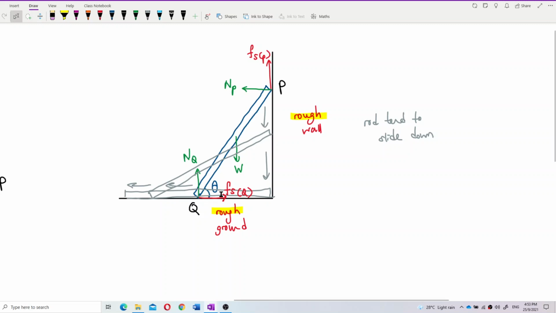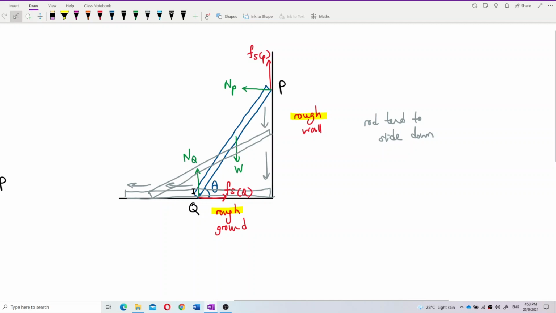You understand? So if the wall is rough, then this is the normal force and this is the direction of friction, because the rod will just go down, it won't go up unless somebody pushes this rod to the right. Then this part will go up. So the motion tends to go down, so friction is supporting upward.